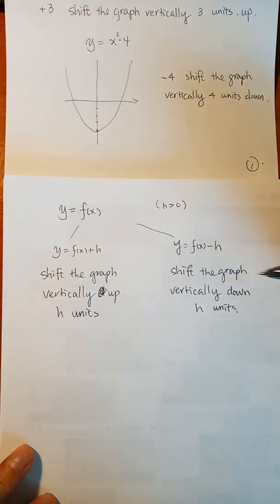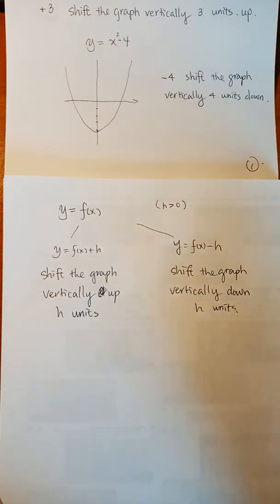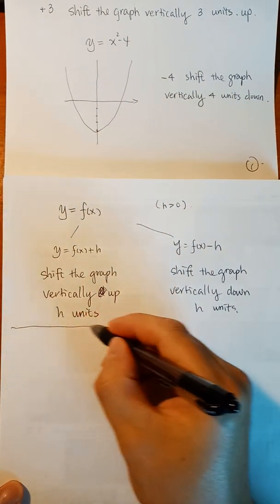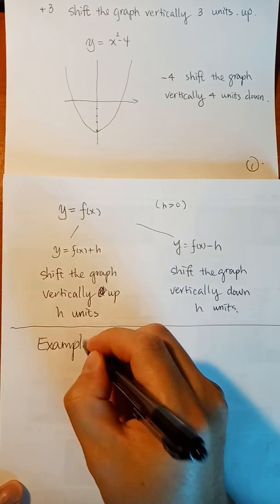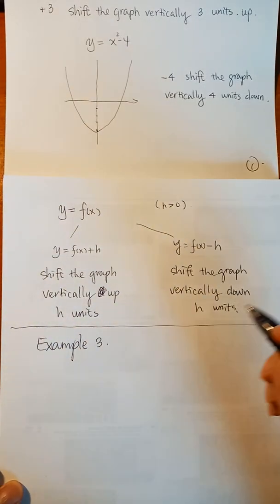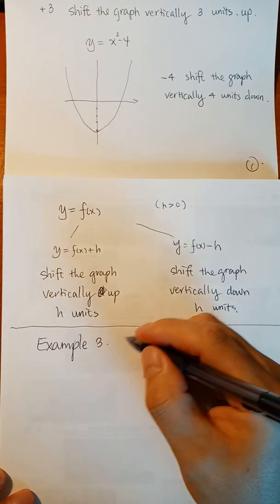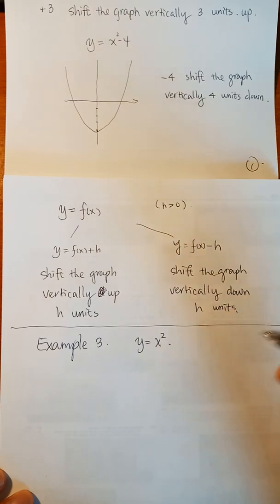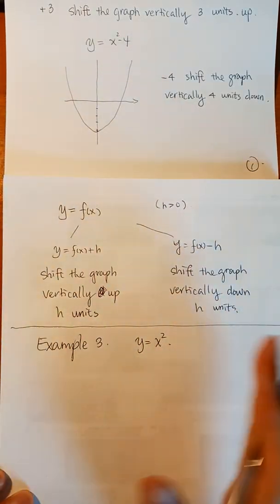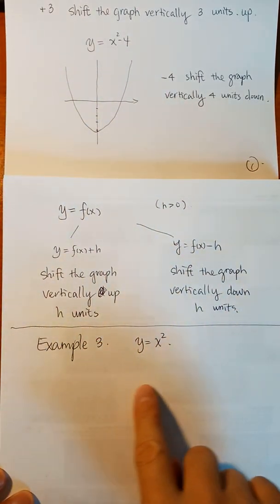You can also do the horizontal shift. Vertical shift is about y, then horizontal shift is about x. Let's see this. Example 3. Okay. We still use y equal to x squared. Now, in order to get the horizontal shift, we are going to change x.